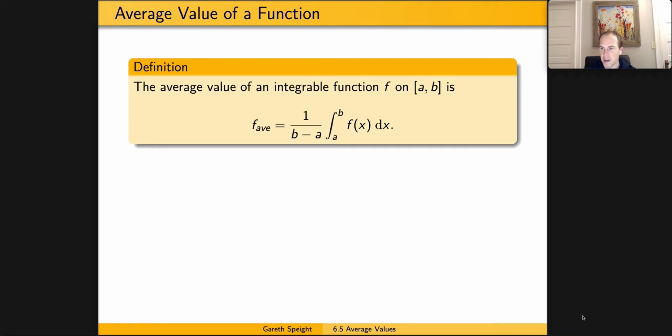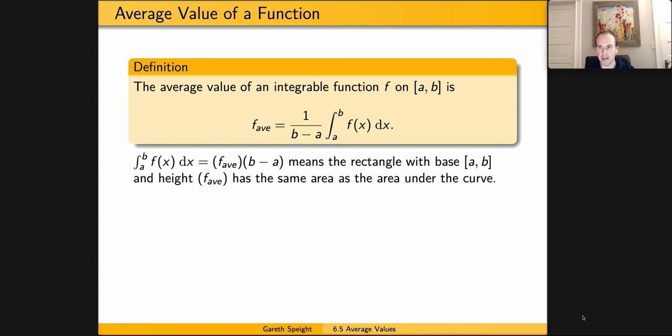So we say chop into 5 pieces. We take the average value of five values. That gives us an approximation. We chop the interval up into 100 pieces. We take the average of 100 different values of the function. That gives us a better approximation, and so on. We take the limit. We get this average value. We just integrate and divide by the length of the interval. So I'm going to skip all over that because it's the same as we've always been doing when we're deriving formulas with integrals.